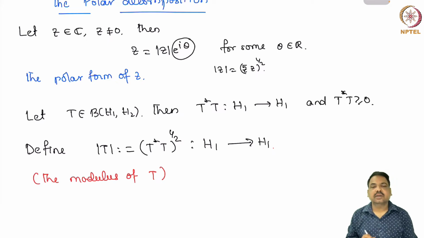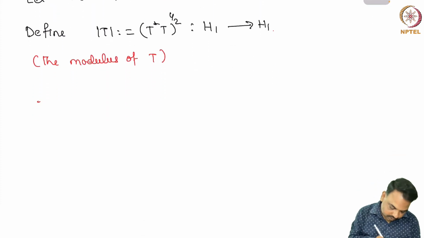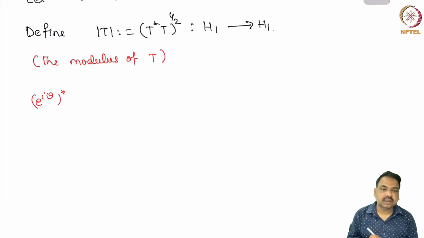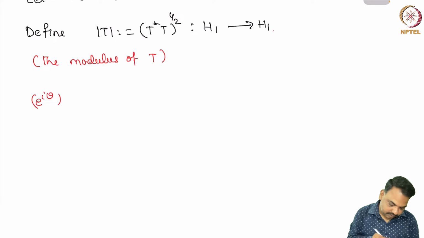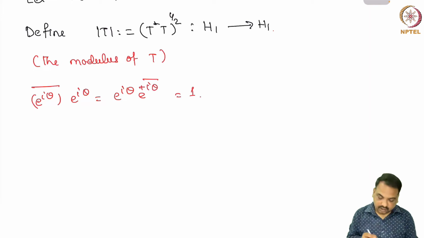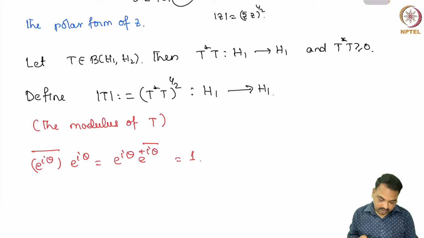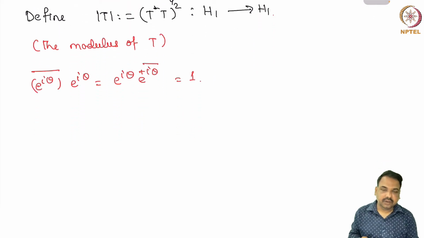If you look at e to the power i theta, it is a complex number of modulus 1. So if we want to generalize e to the power i theta to an operator, we have to replace it with a unitary operator.